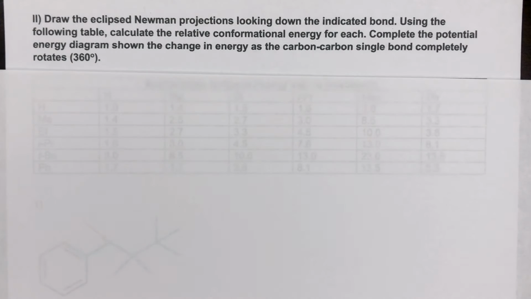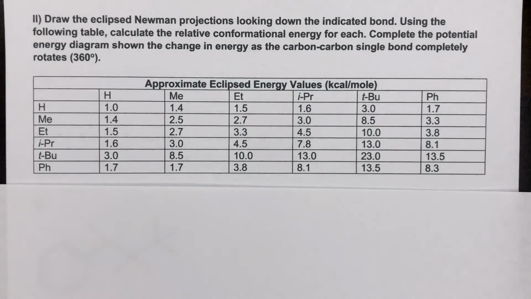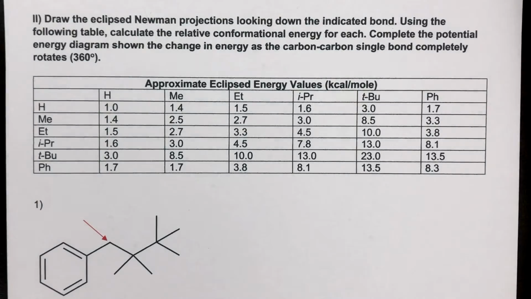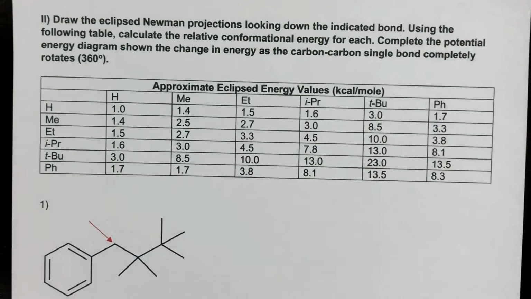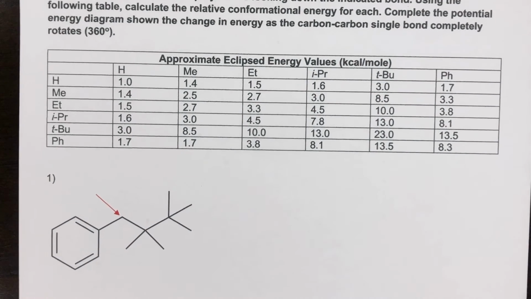And then lastly, we're asked to complete a potential energy diagram showing the change in energy between the carbon-carbon single bond rotations, which interconverts between the different types of staggered and eclipsed conformations. So here's our table, which isn't going to be relevant at this point because we first need to draw our eclipsed structures and then come back to it.